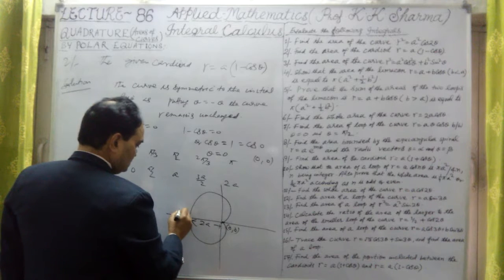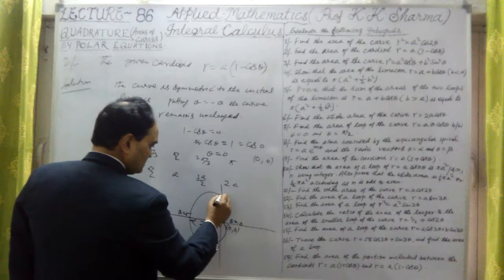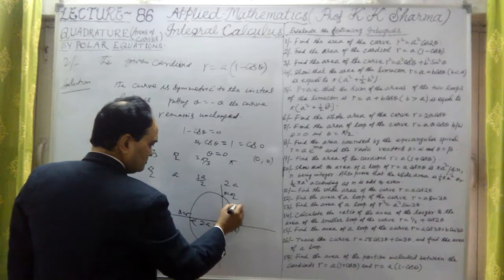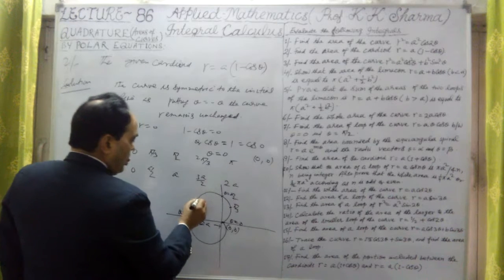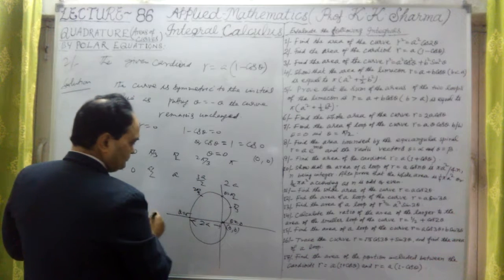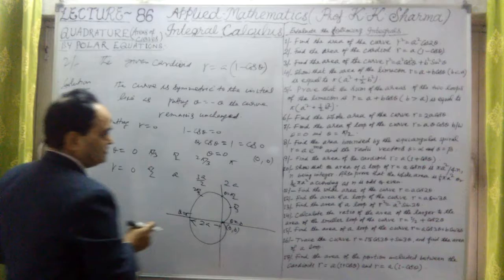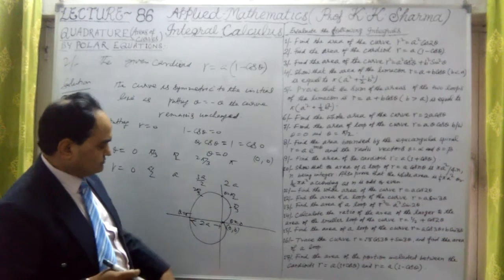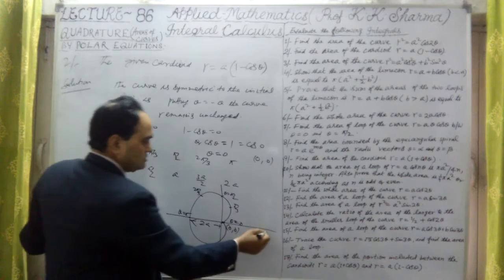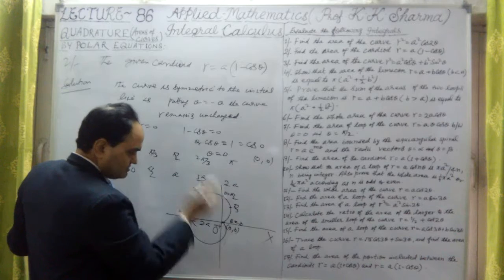Here theta equal to pi, here theta equal to 0, here pi by 2, here pi by 3, 2 pi by 3, and this is pi. This kind of shape will be there. For negative values it also lies in the lower portion. So the curve is symmetric to the initial line.